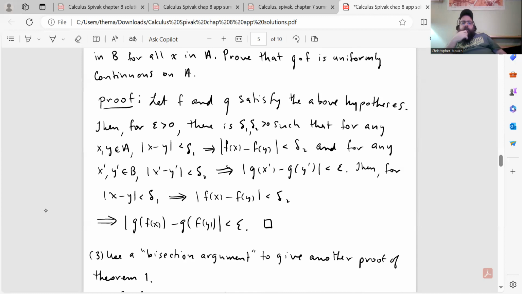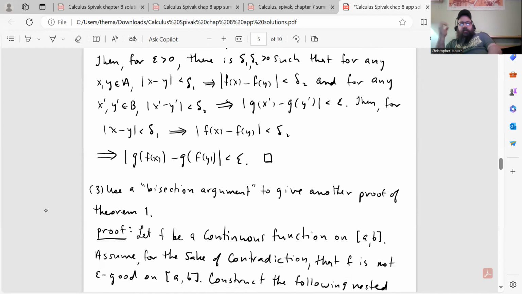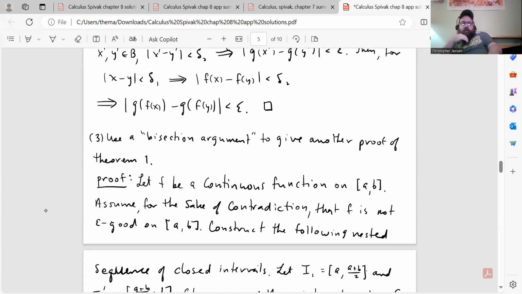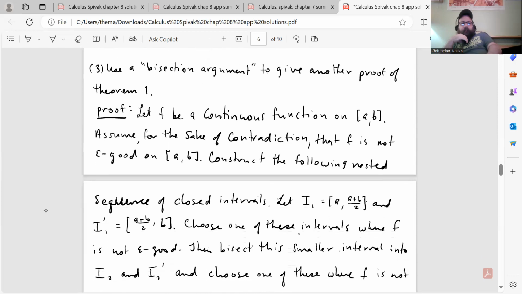And for any x prime, y prime in B, x prime minus y prime in absolute value less than delta 2 implies g of x prime minus g of y prime in absolute value less than epsilon. Then if you take 2 points x and y whose difference in absolute value is less than delta 1, then you know that f of x minus f of y in absolute value is less than delta 2, and that implies that absolute value g of f of x minus g of f of y is less than epsilon. Right.